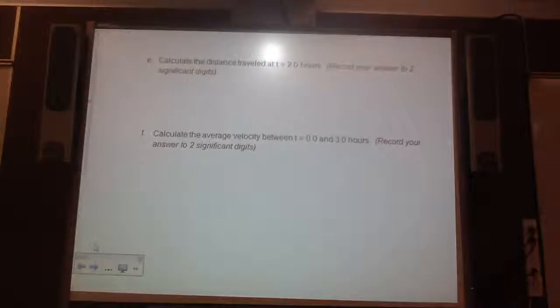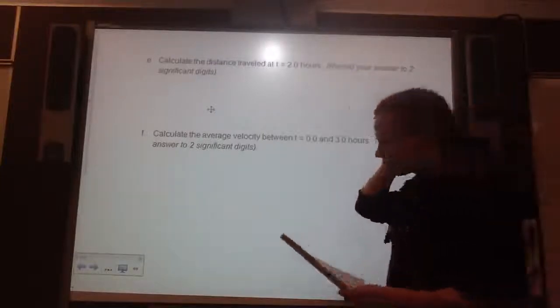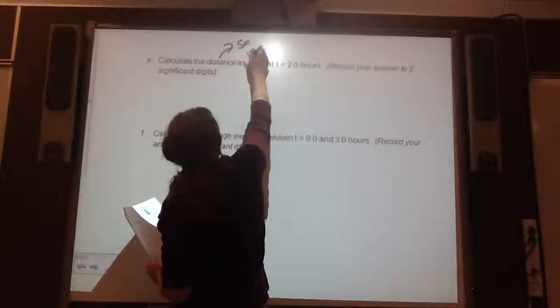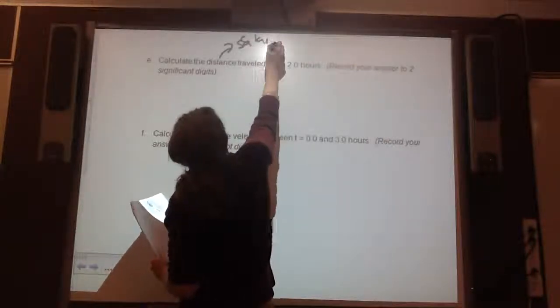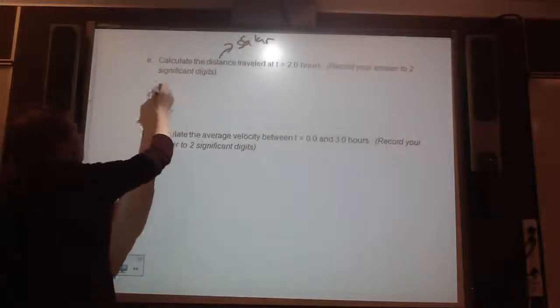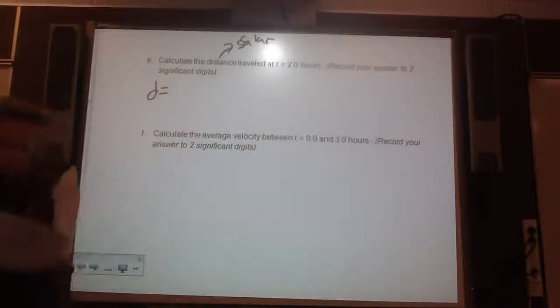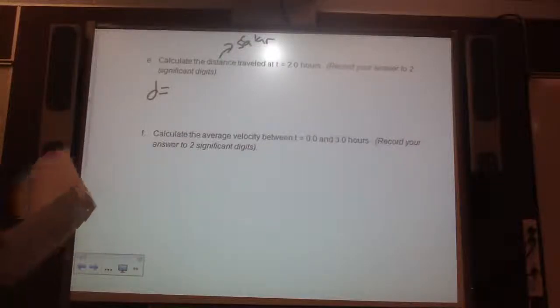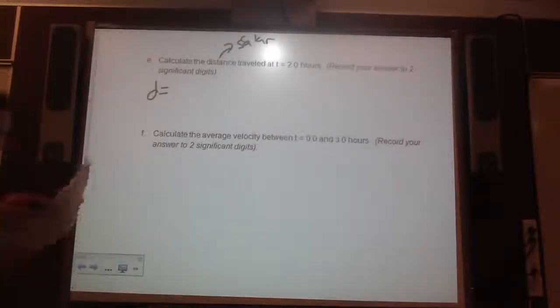Calculate the distance traveled at 2 hours, so the distance. So in total, my distance, I know this is a scalar quantity. So the total distance, if we look at after 2 hours, if we look at our graph, there we go.